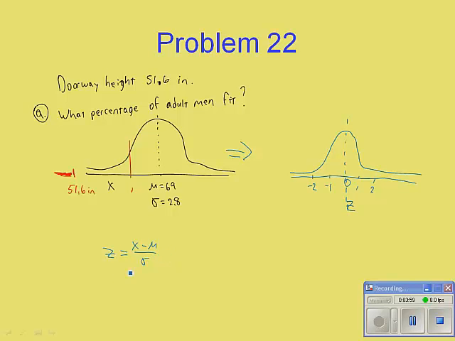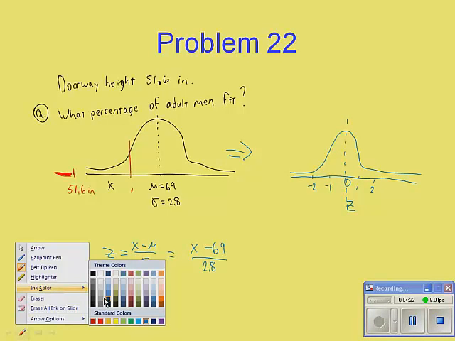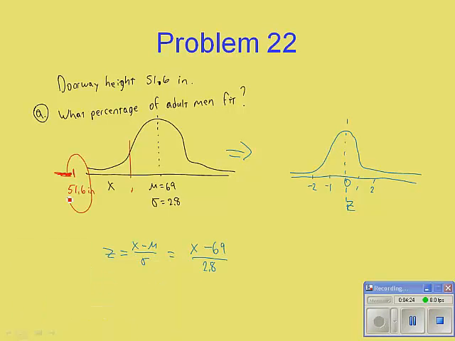So in my example, what is it I want to know? I want to compute, well, x minus 69 over 2.8. And what x value am I most interested in? Yeah, that's the only one they gave you, right?